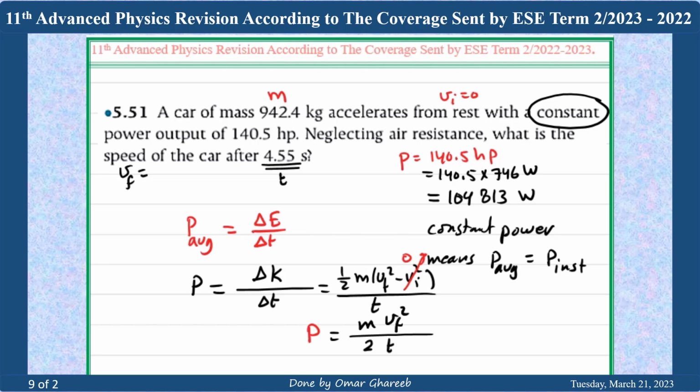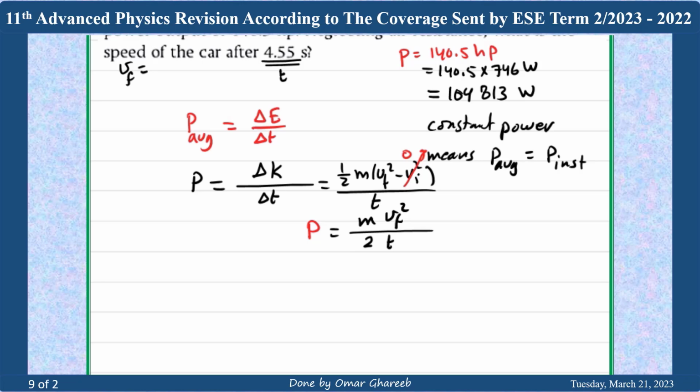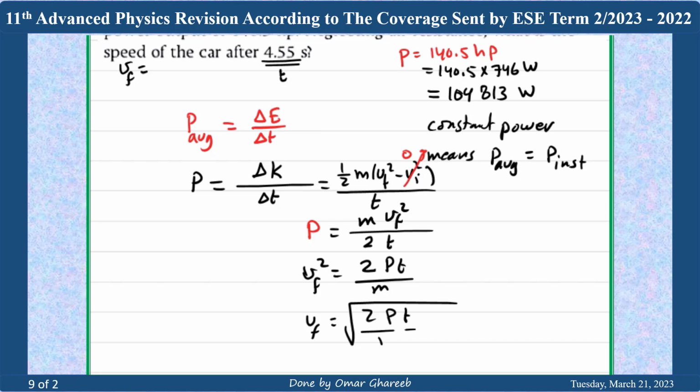Now make V the subject of the law, so V final squared equals 2PT over M. V final equals square root of 2PT over M.